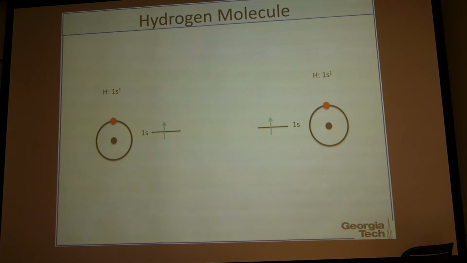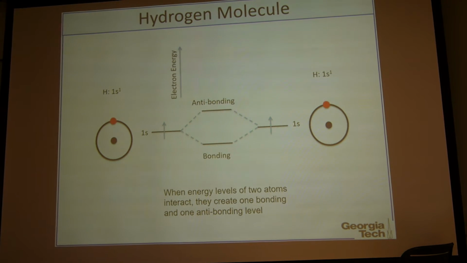But to form a molecule, you have to bring those 2 atoms close to each other so they can interact. Once you bring them together, they form a covalent bond, and an energy level splitting happens. Those 2 1s orbitals split into a lower energy level and a higher energy level. The lower energy level is the bonding level, and the higher energy level is the anti-bonding level.